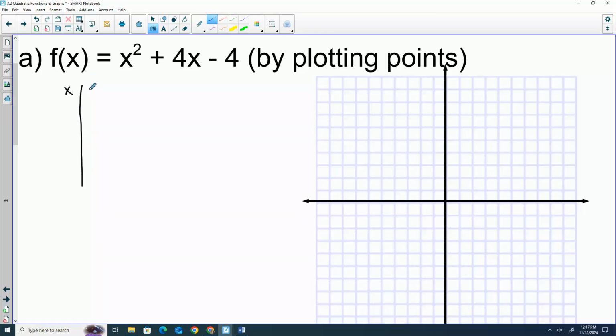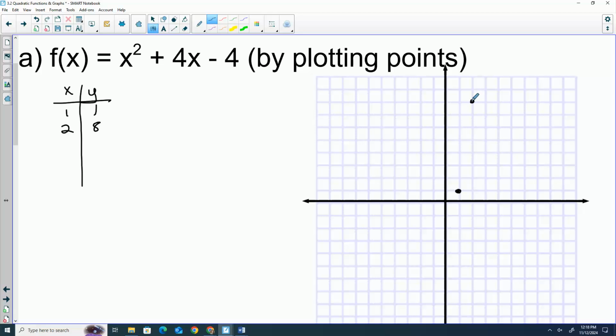So we know if we're just going to plot points, we make a t-chart. Give me an x value I can plug in. 1. So if I put in a 1, 1 squared is 1, plus 4 minus 4 gives me 1. So 1, 1 is a point. If I put in 2, 2 squared is 4, plus 8 minus 4 is 8.